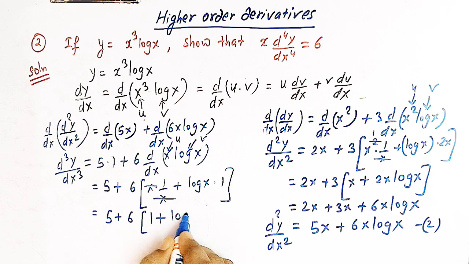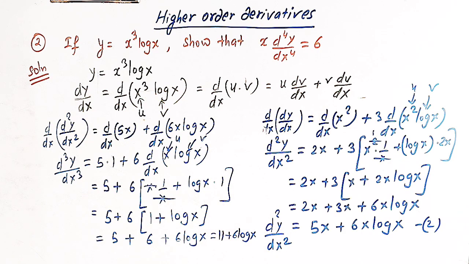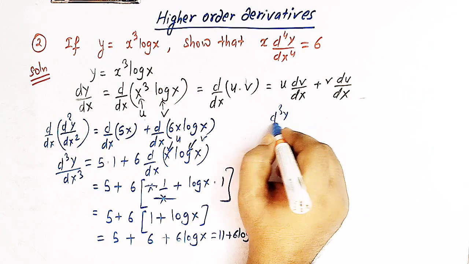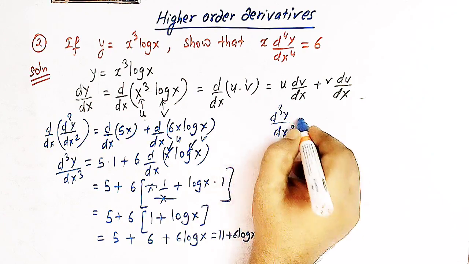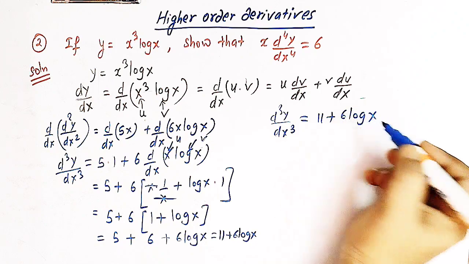So this is 5 plus 6 times 1 is 6 plus 6 log x. So this is 11, 5 plus 6 is 11, 11 plus 6 log of x, right? The third derivative is given by 11 plus 6 times log of x, right?